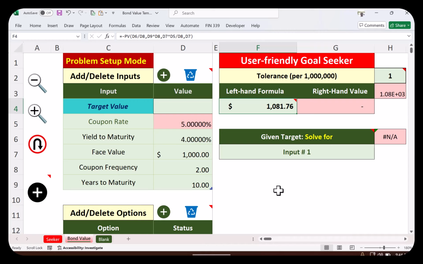The only thing premium means is the value of the bond is above the face value. If the proper rate to discount was 6%, I would get a value of 925 and some change. Since the value of the bond is below the face value, this is called a discount bond.